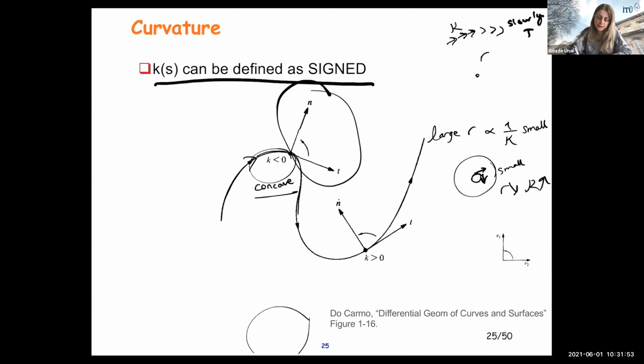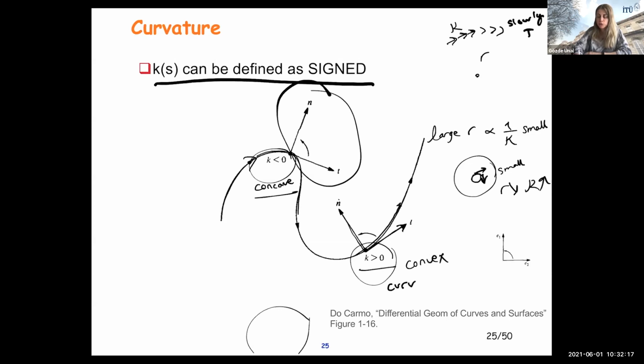Now look at this part, guys. Draw the tangent and look at the normal. With the same convention, it was T to N, right-hand rule, and now N points inside the curve. For instance, in the first one it was pointing outside. So now this is a convex part of the curve. Kappa is positive.